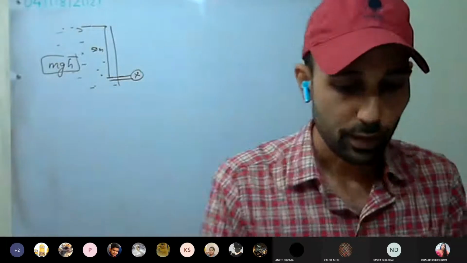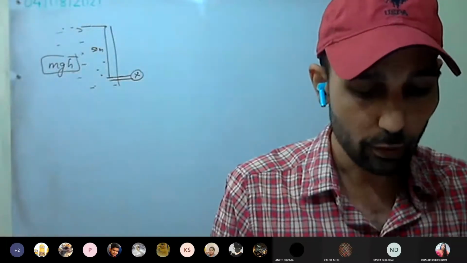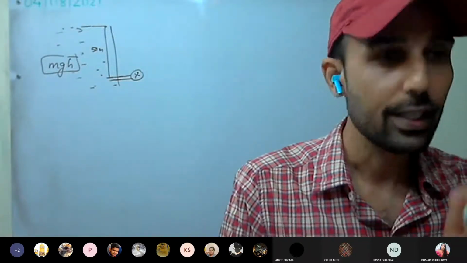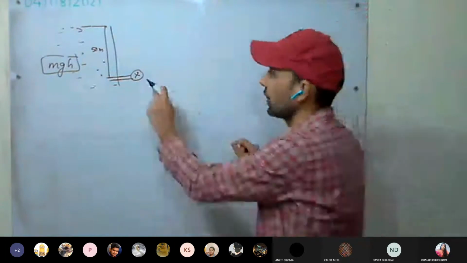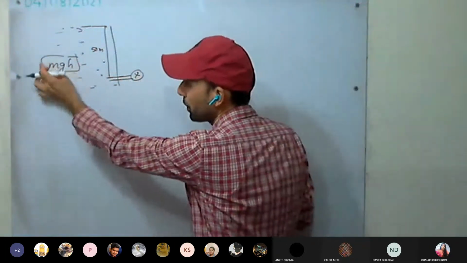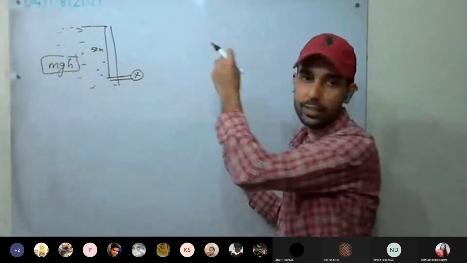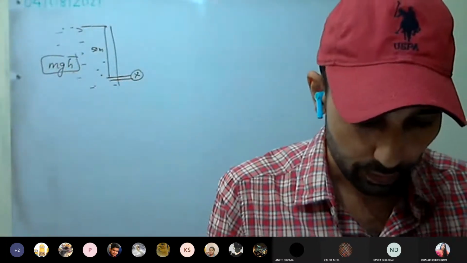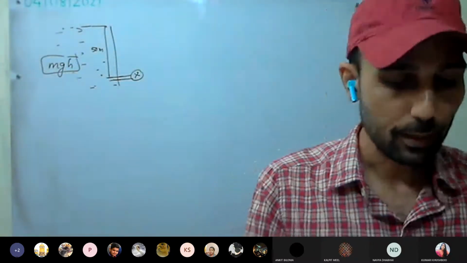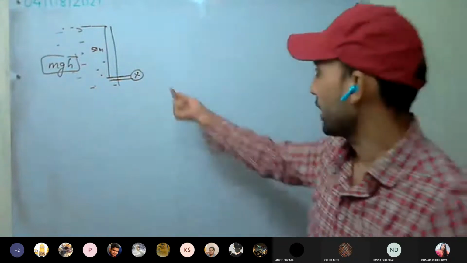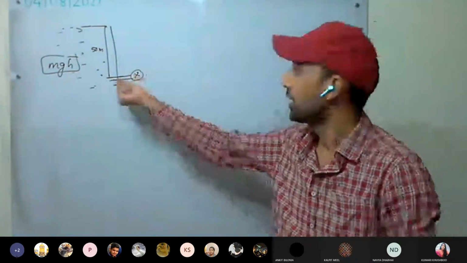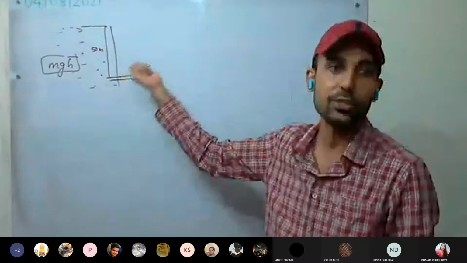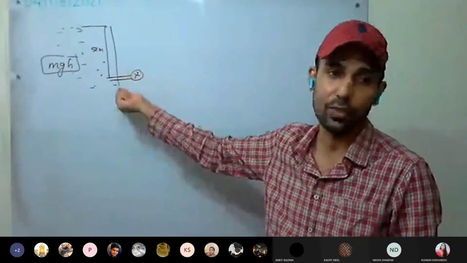Now, assuming an overall efficiency of 40% means only 40% of this energy is converted into electricity. The rest goes into frictional energy, sound energy, heat energy, or any other form of energy.